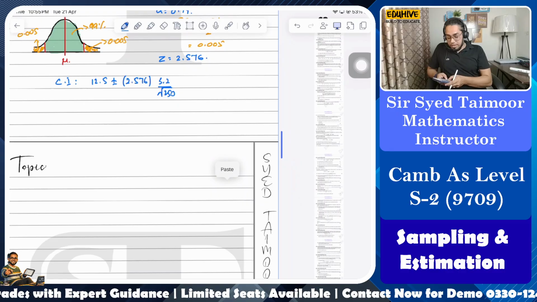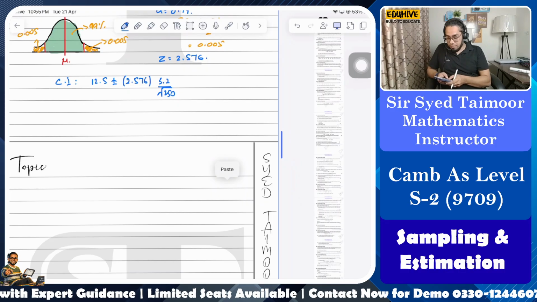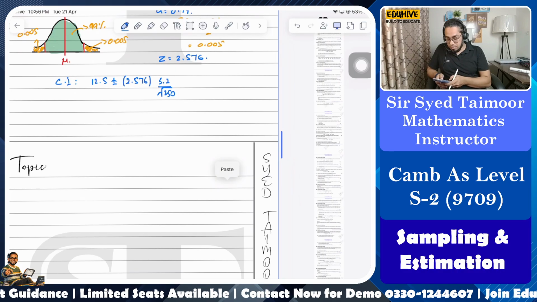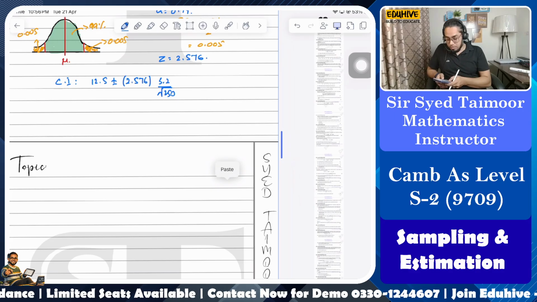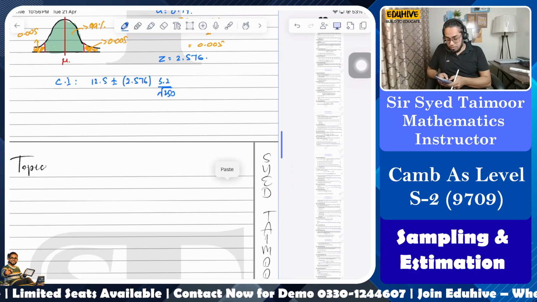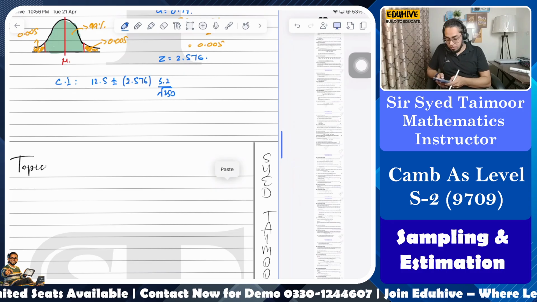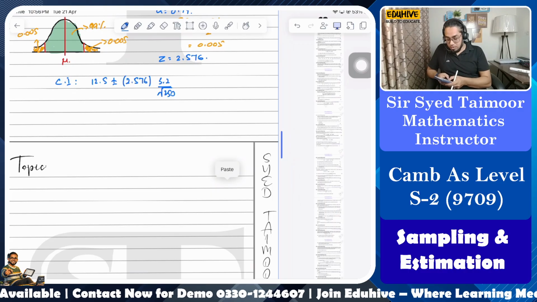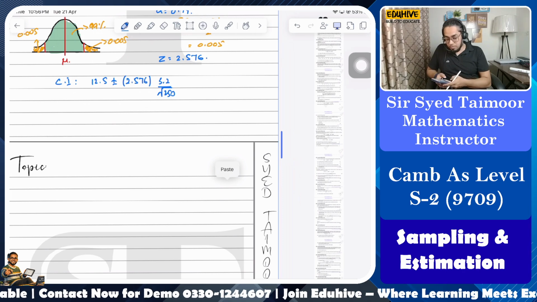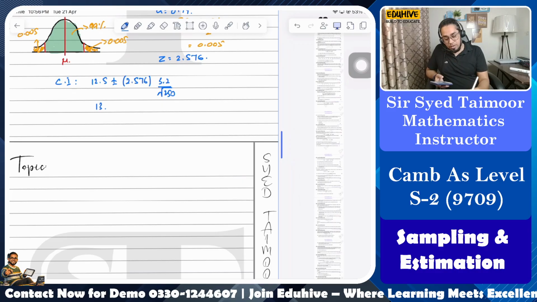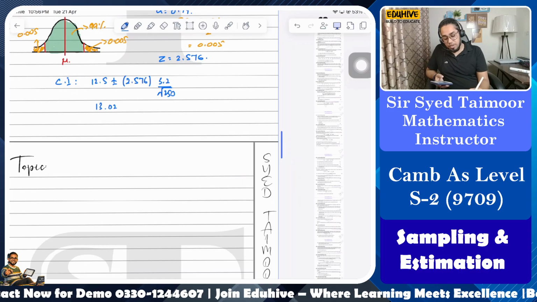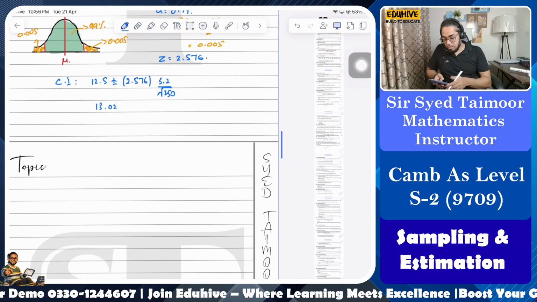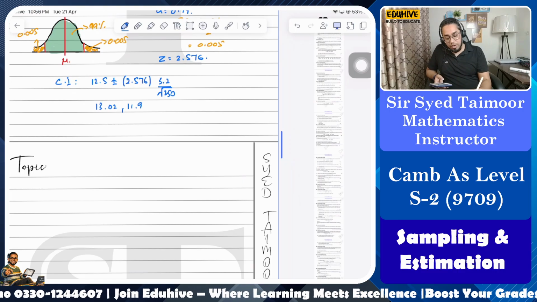So according to that condition, 12.5 plus 2.576 times 3.2 over root 250, it's 13.02 for plus, and for minus what I'm getting is 11.97.